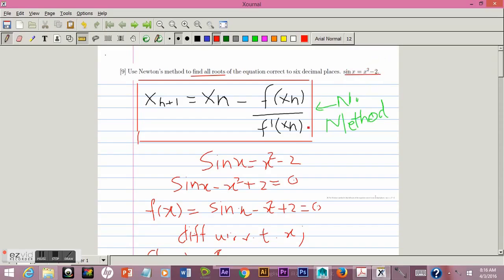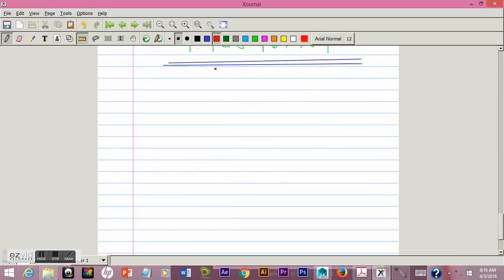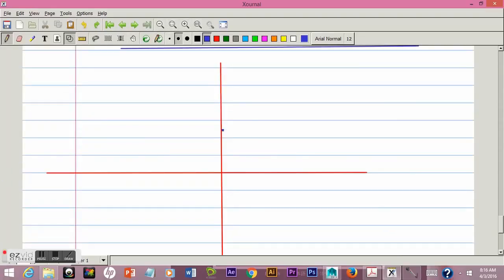If you sketch this function, you get a function like this: x-axis, y-axis.